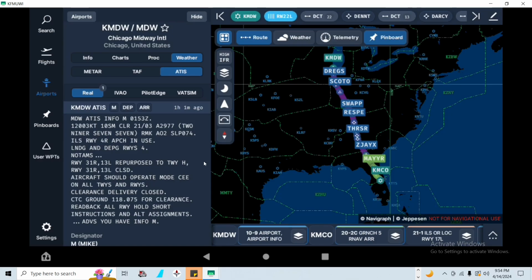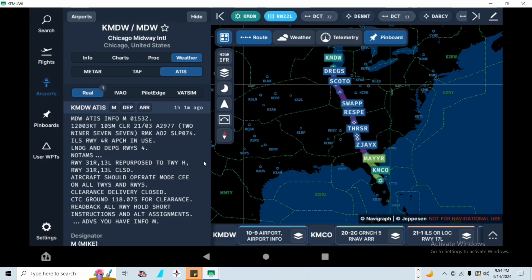The next line, you'll see ILS runway 4 right, approaching use. So that's basically telling you that they are using 4 right for incoming aircraft on approach. You'll also see under that landing and departing runways 4.